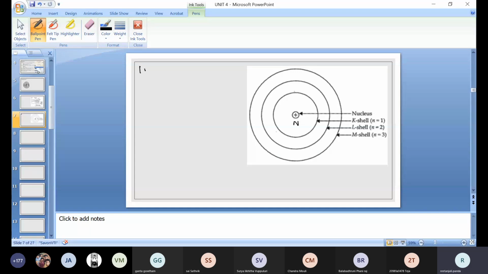But that does not mean that between these 1 and 2 no more energy levels are present. Of course, n number of energy levels are present, but the electrons are not going to be placed in those energy levels.